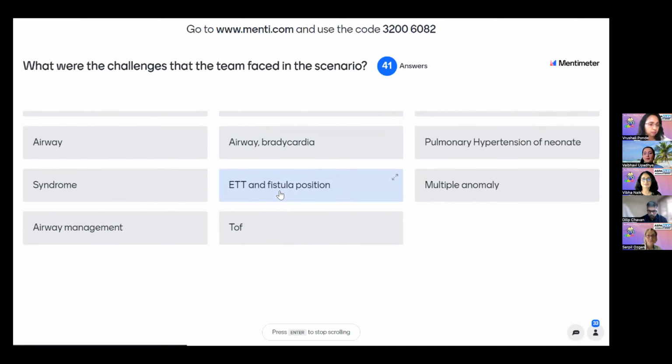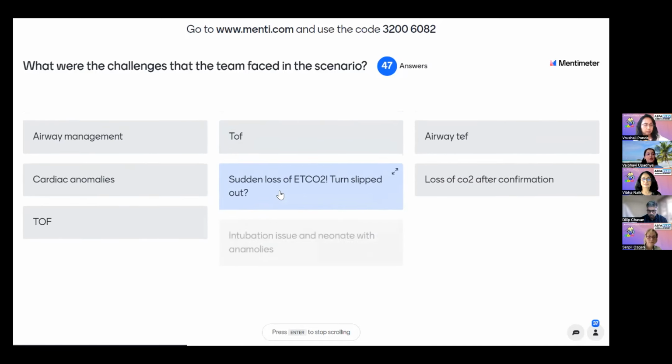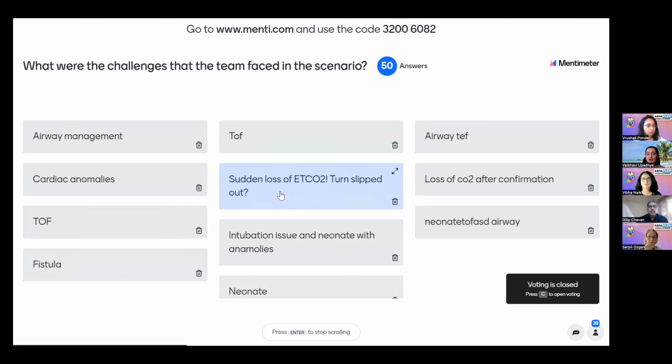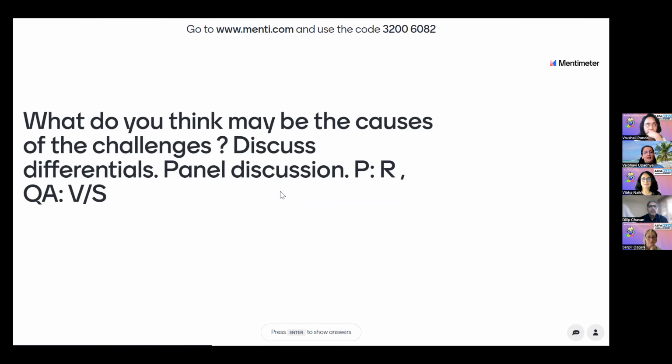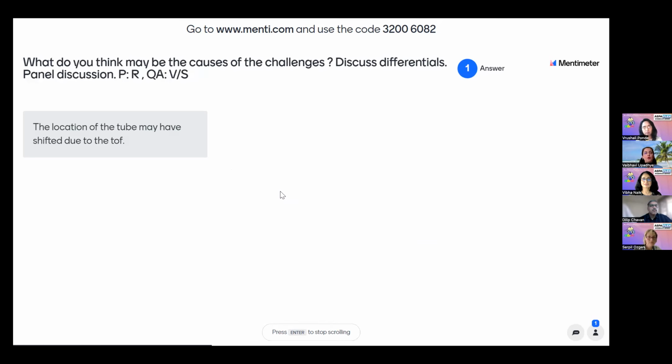Probable pulmonary hypertension. Yes, there are many challenges here. Now we are going to go to the next slide, thinking about what the causes of the challenges were. Of course, challenges came, we did fine, but let's discuss the differentials, what brought the challenges. And for this, the panel is Dr. Rovina.